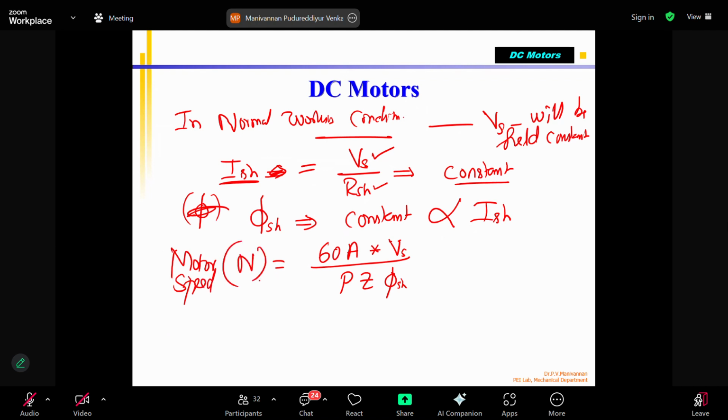I represent it by capital N. Capital N, the motor speed, is 60A into V supply divided by P into Z into phi shunt. What about the back EMF? The back EMF VB equals P into phi shunt into Z into N divided by 60A.